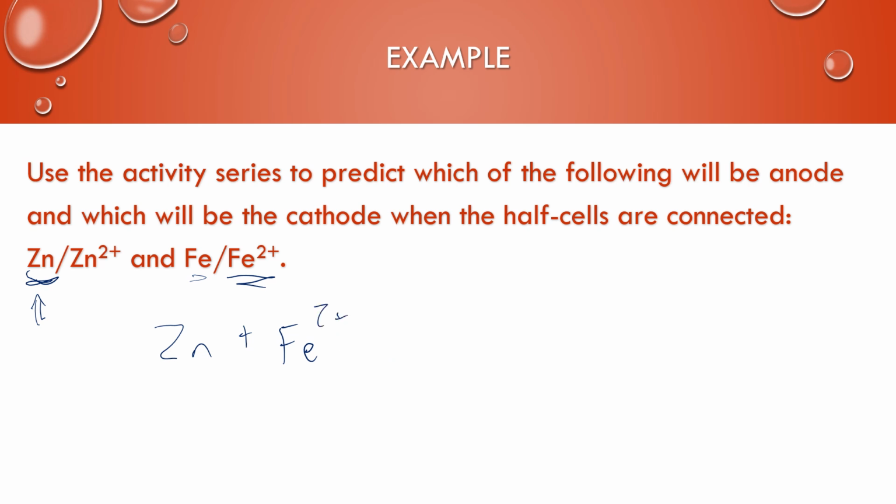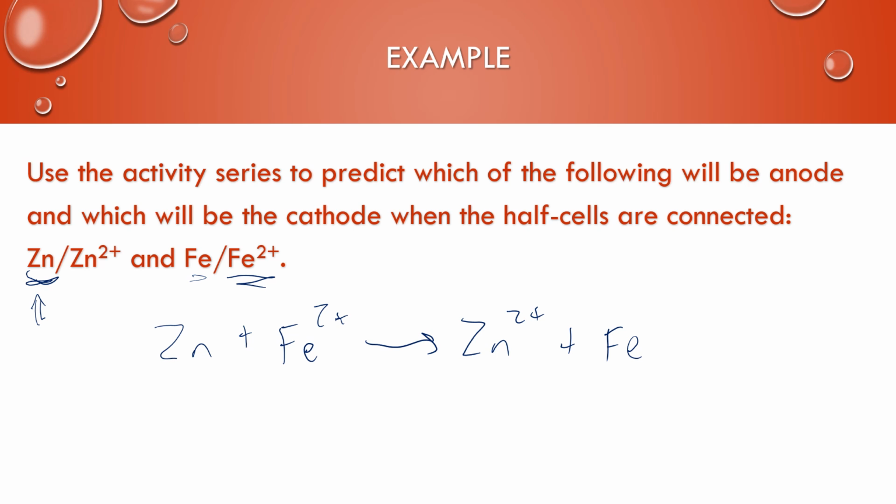But we remove the spectator ions from the diagram. Because zinc is more reactive, this reaction is what will proceed, and you will be left with zinc ions and solid iron because the zinc replaces it.